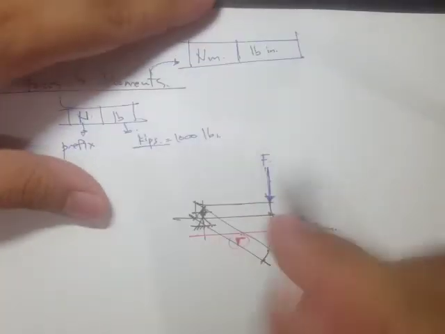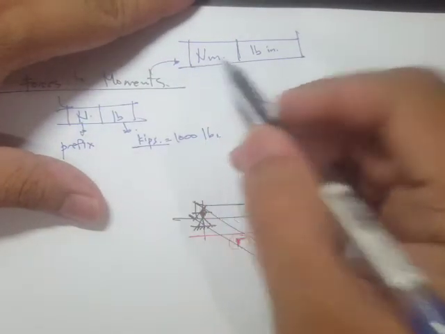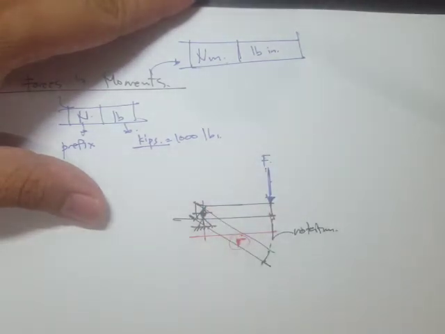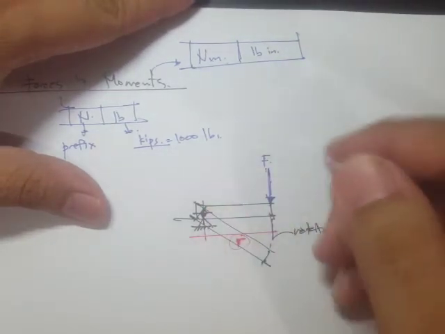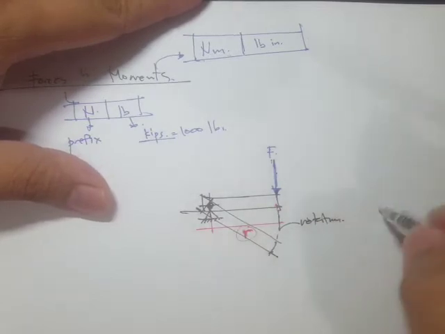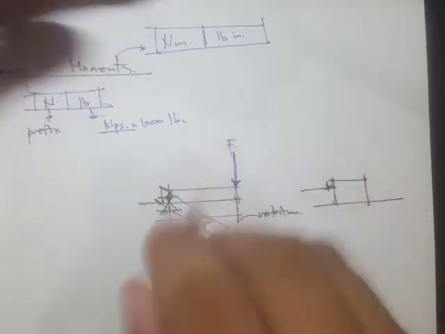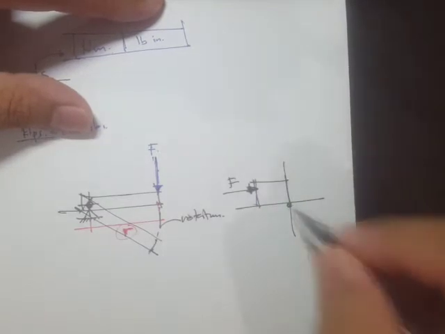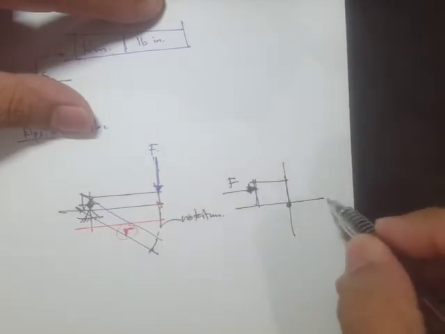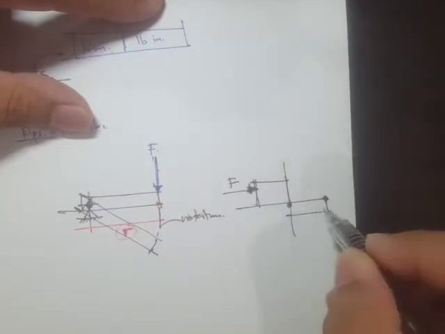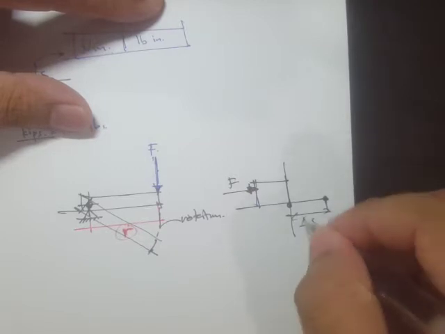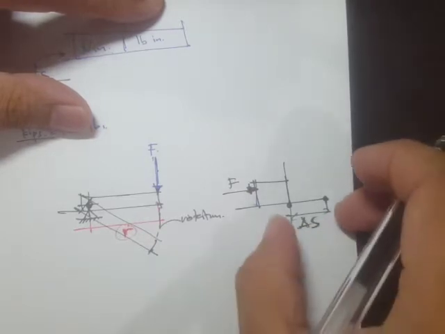Also note that this unit of Newton meter is also the same unit for energy. For example, if we are going to push a body right here, let's say this is our force, and this is our point one, and then it moved to point two. So we have delta S, a change of position.